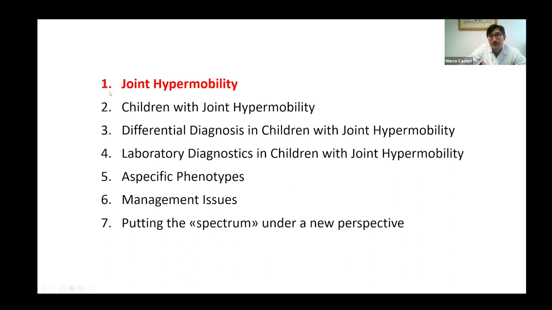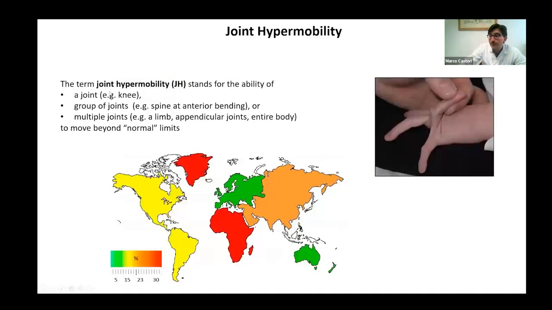Joint hypermobility is the term used to define the ability to move a joint or a group of joints beyond normality. Joint hypermobility is common in humans and its prevalence varies among populations. It is also influenced by sex and age, occurring more commonly in females and children.